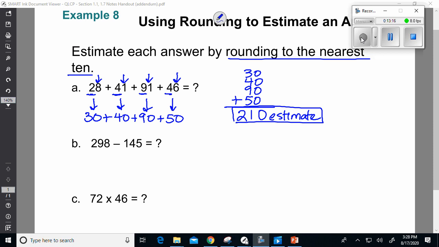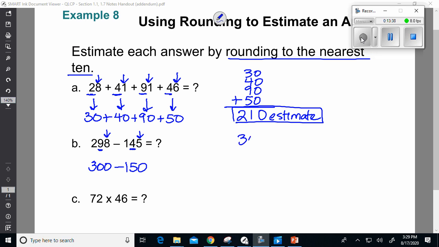So, part B. 298 minus 145. Again, we're rounding to the nearest 10. 298 would round to 300. And 145 would round to 150.